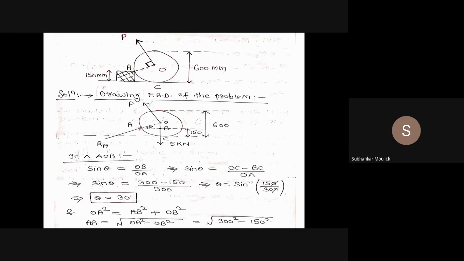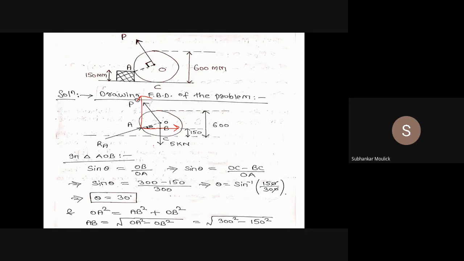See, if the body is rotating about point A, that means I have taken moment about point A. So if you see this point A, this RA will have two components. One is RA cos theta along this direction, another one is RA sin theta along this direction. What is the formula of moment? Moment is force into perpendicular distance from the point of application of force.